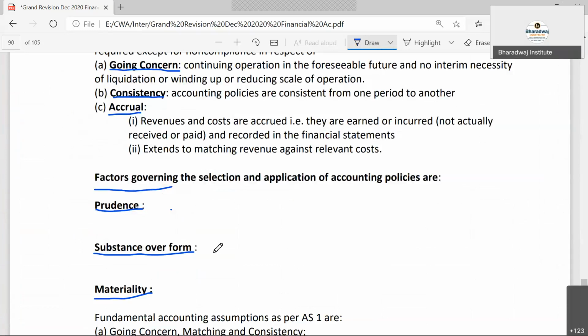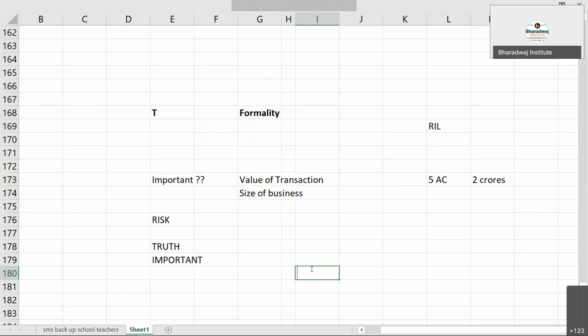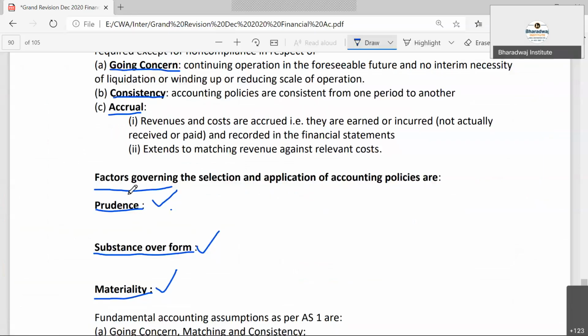So that's why business sustenance and business growth depend on providing for all losses, giving truthful information and full information about material items. Otherwise, in the COVID situation, I found many companies getting closed and the non-performing assets for the banks going up. Why? Because this prudence was not there. They didn't keep any reserves.